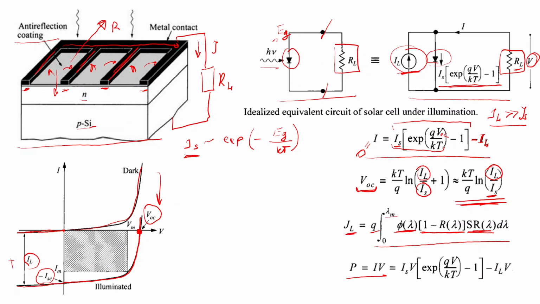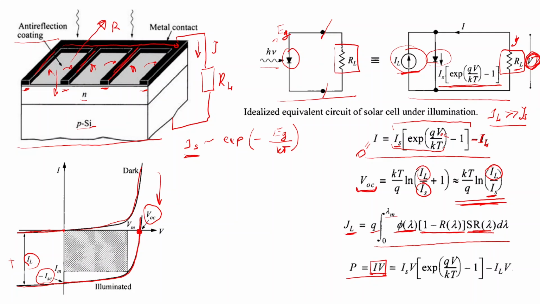And also there is such a parameter as the most useful part, the power that we get out of the solar cell. And power is current times voltage. So voltage drop over the load resistor here, and current I which flows through this load resistor. The product of this current and voltage gives us the useful electrical power which we extract from the solar cell.